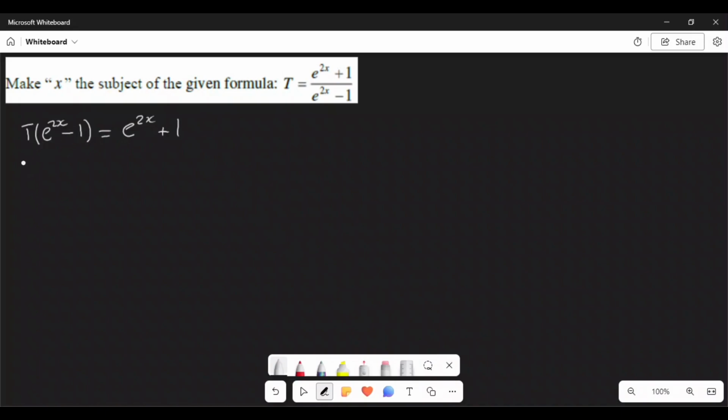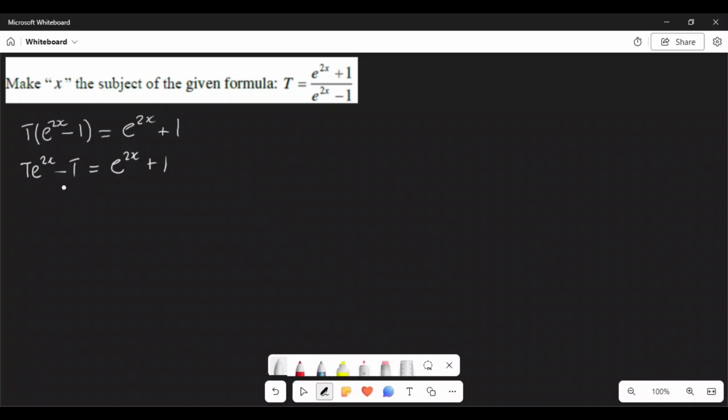So the first term is going to be t multiplied by e to the power of 2x, and then t multiplied by 1 is going to be t, and this one here, there's nothing we can do at the moment. Just write it as it is on the right hand side. So from here, what you can do is you take this t, you transpose it to the right hand side, and you're going to take this e to the power of 2x, you transpose it to the left hand side.